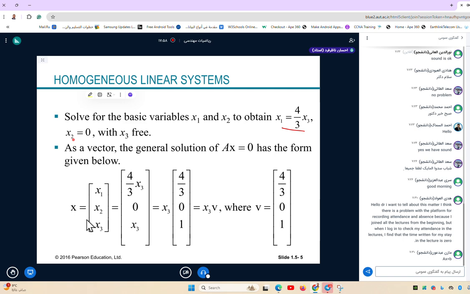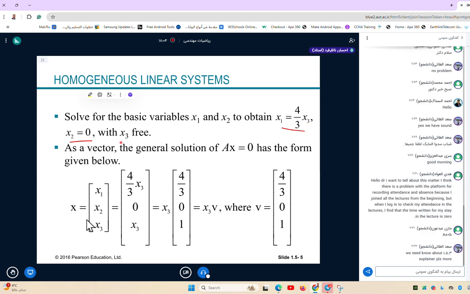So these are the answers: x2 = 0, x1 = (4/3)x3. Sorry, x3 is free. It means that you can replace x3 with any value that you would like. It is a free variable, and based on that, the value for x1 is determined.